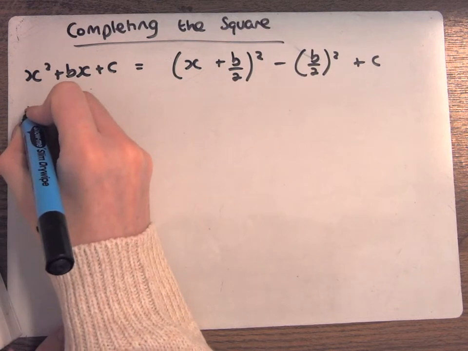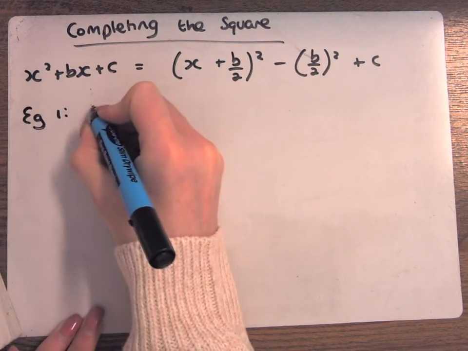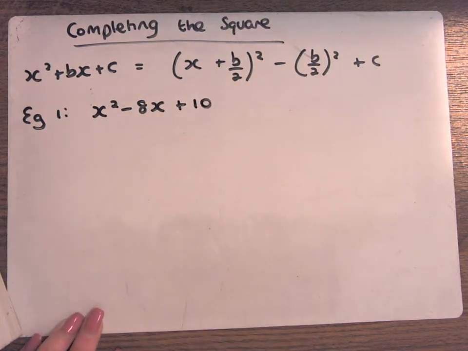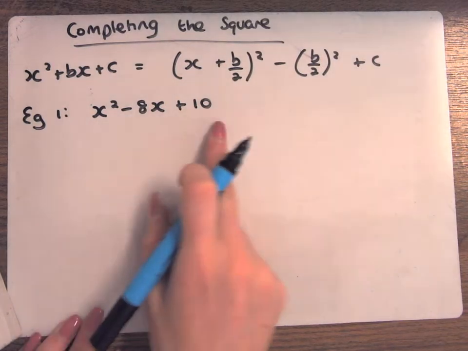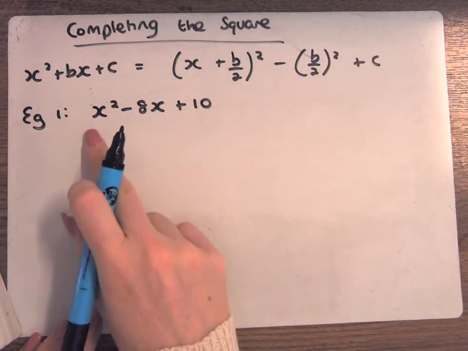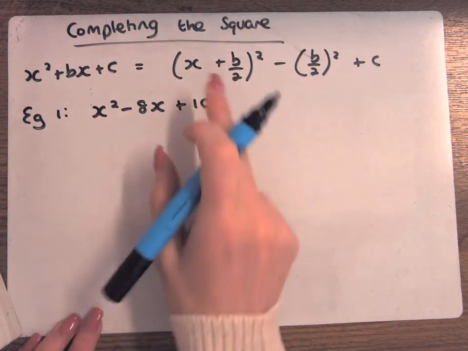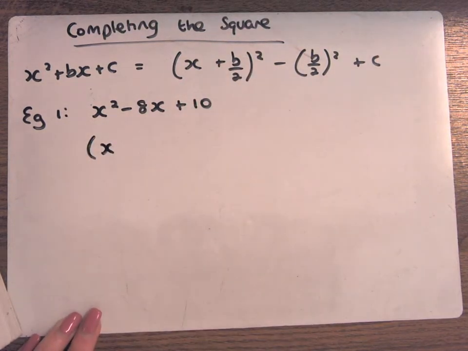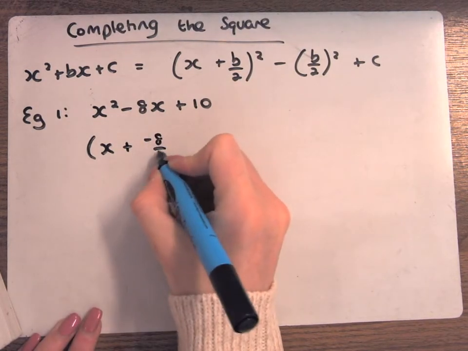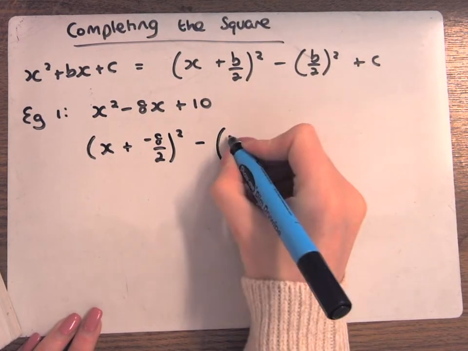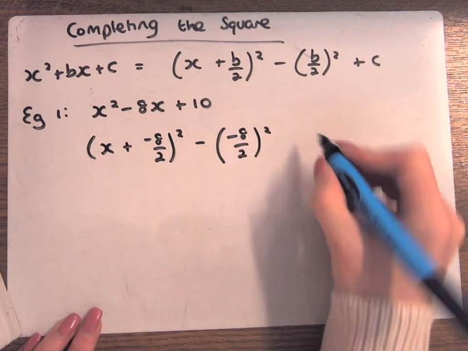Okay, so for example, I'll do this both ways. If I want to complete this square using my formula, that would be a, that would be b, that would be c. So it would be x plus b over 2 to be squared minus b over 2 to be squared plus c.